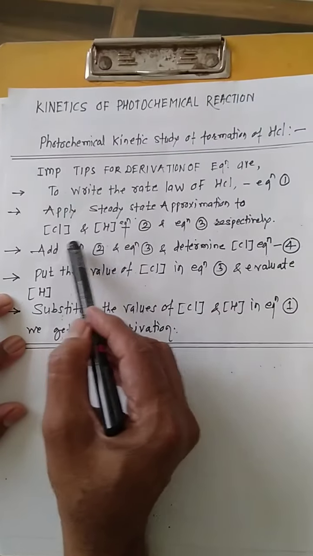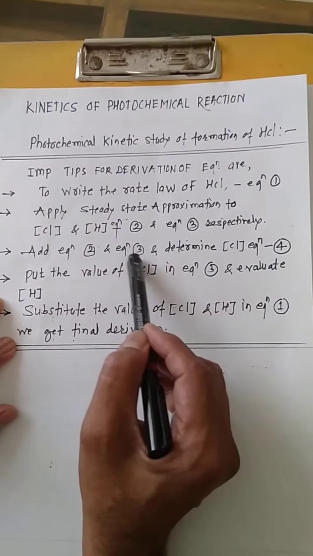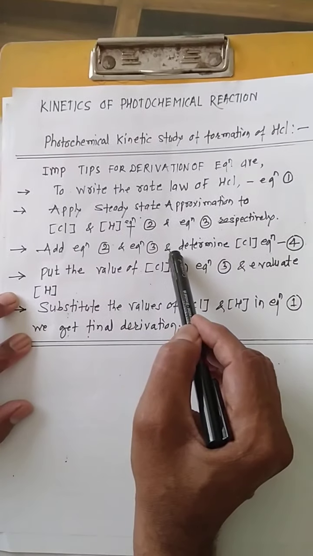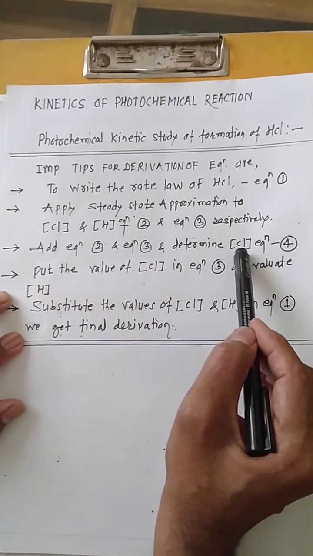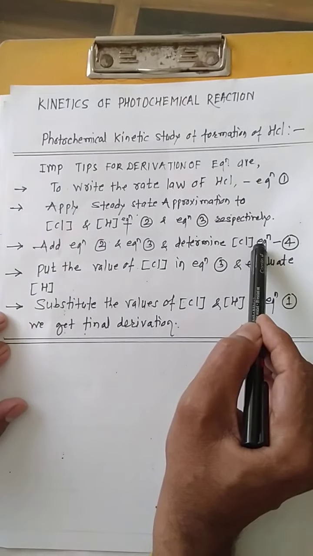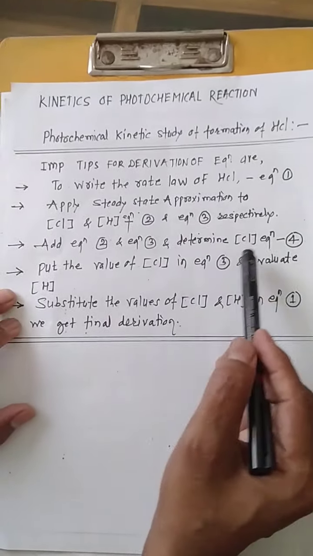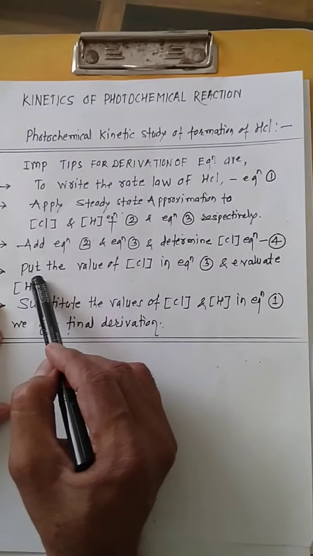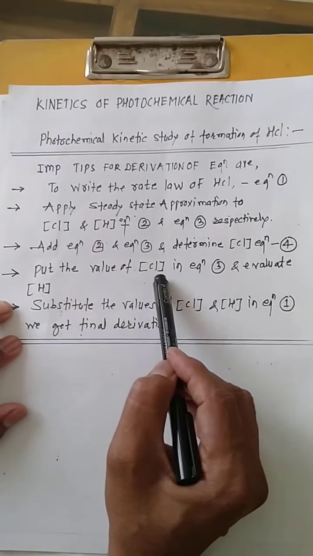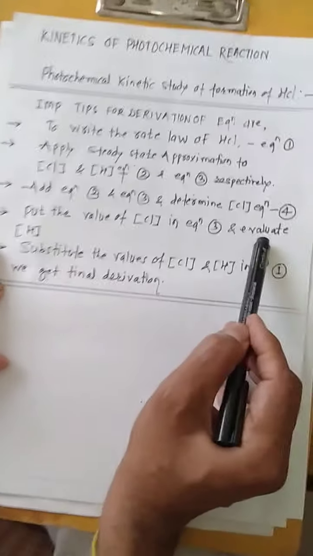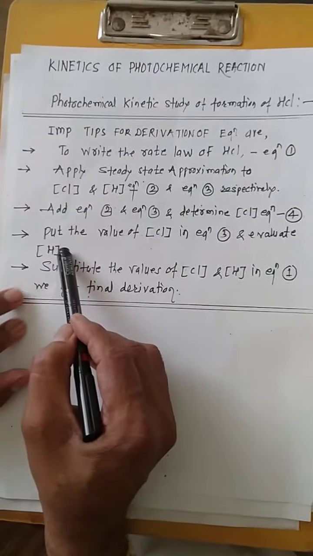Then add equation 2 and equation 3 and determine concentration of Cl, labelled as equation 4. Then put the value of concentration of Cl from equation 4 in equation 3 and evaluate the concentration of H.